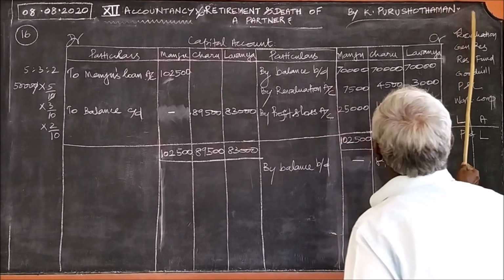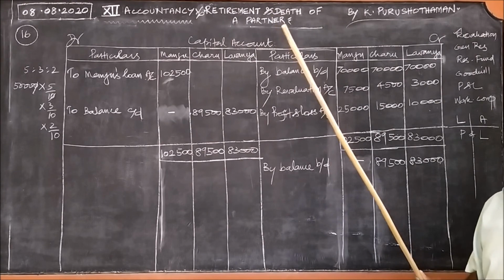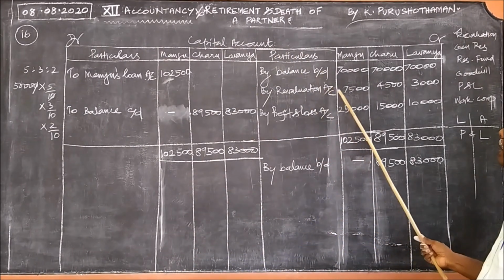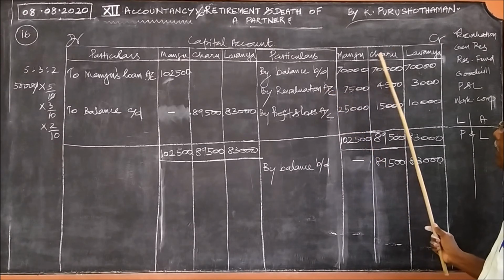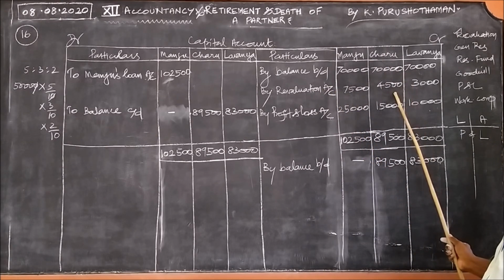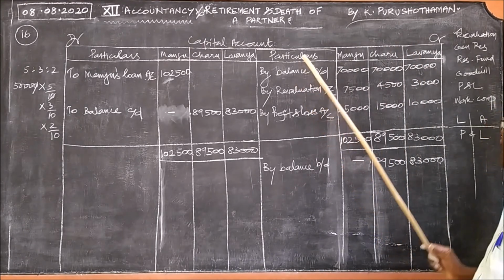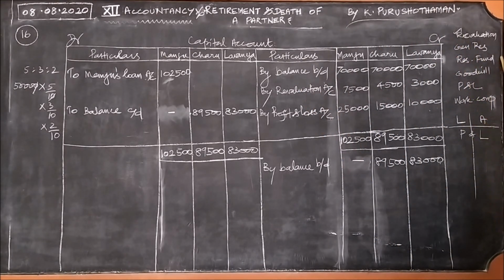And the first one, revaluation. Already we have prepared the revaluation account. We found the profit of each, the share of each partner. That is Manju 7,500, Charu 4,500, Lavanya 3,000. Okay, good. Other than that, what are the other remaining 5 items to be considered?